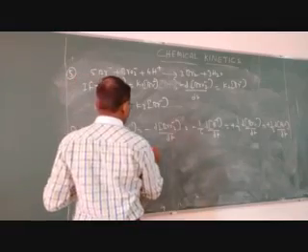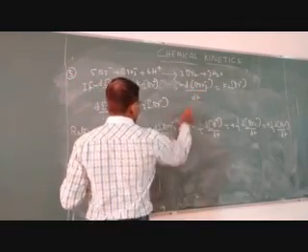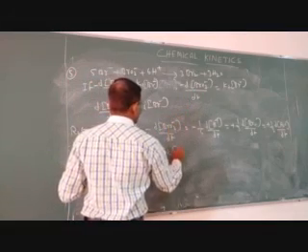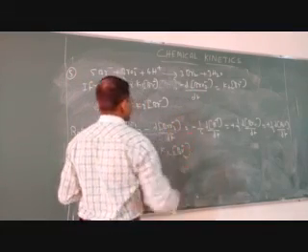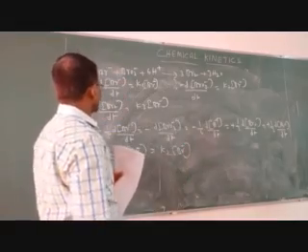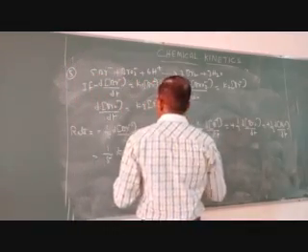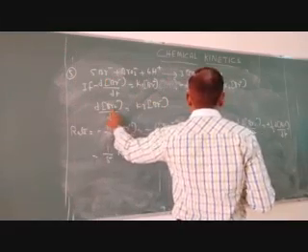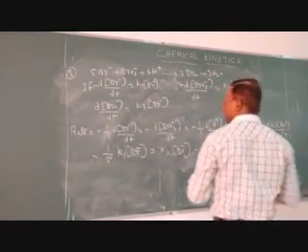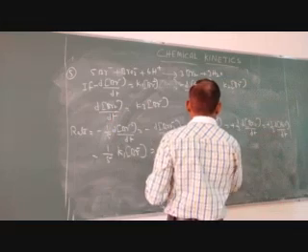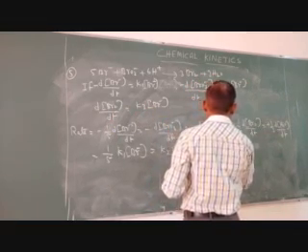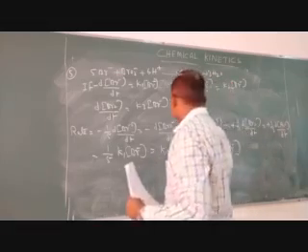Next, minus d[BrO3 minus] by dt is given as K2 [Br minus]. Next one, which one? Br2. So what is the Br2 term? Yes, 1 by 3. 1 by 3 d[Br2] by dt is equal to K3 [Br minus].